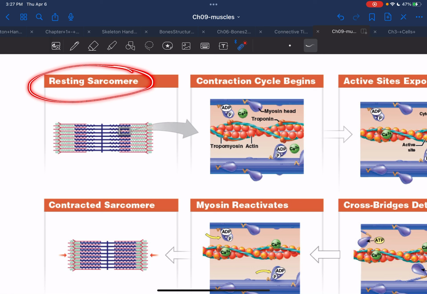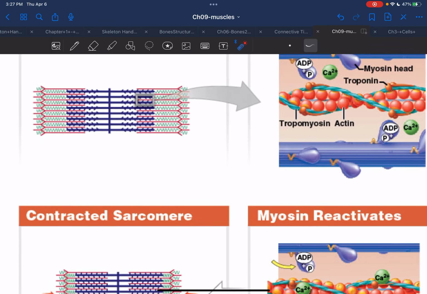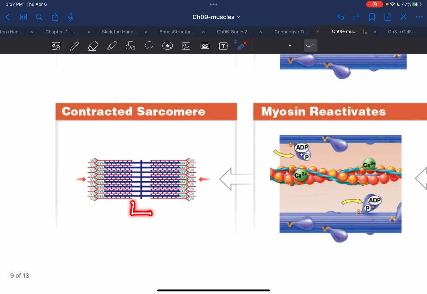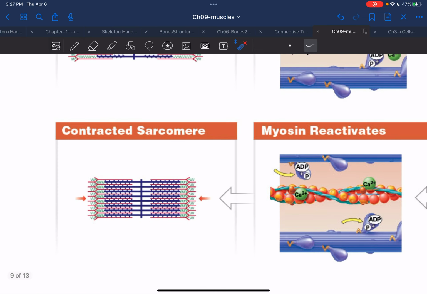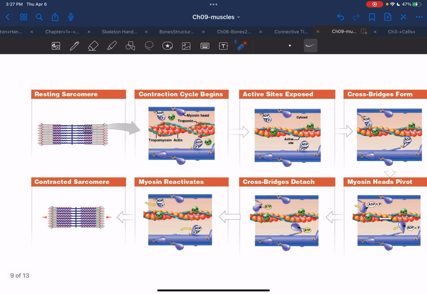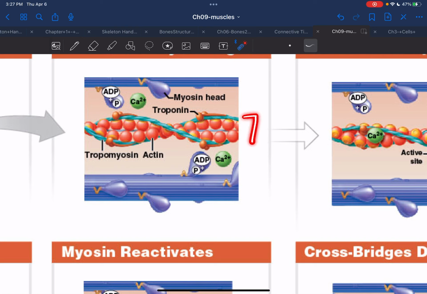And so if we look at our resting sarcomere, that means that our sarcomere has not contracted. If we look at our H-band, we can see it has not decreased, but by the very end, our H-band is much smaller. So we're really going in this direction down and this direction. That's the order of these. Follow the arrows as we go along. And so here we are seeing our thin filament. And our star player, remember, being troponin, our gatekeeper that requires calcium, and tropomyosin, keeping the guard of the active sites, blocking it.